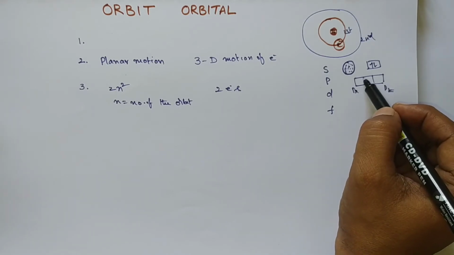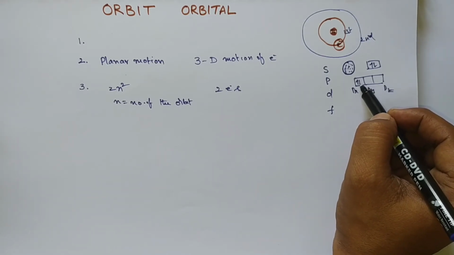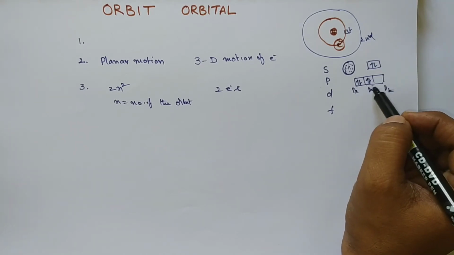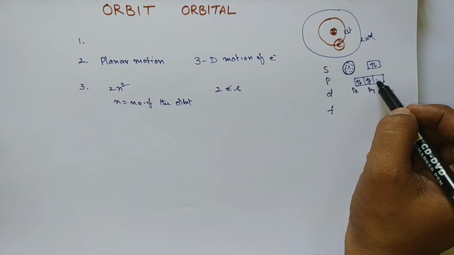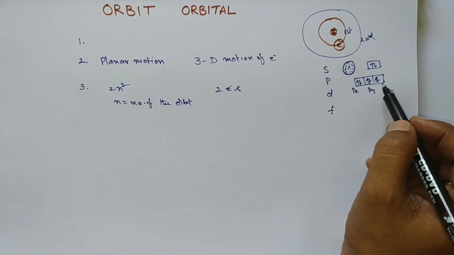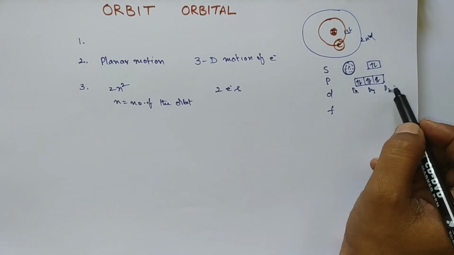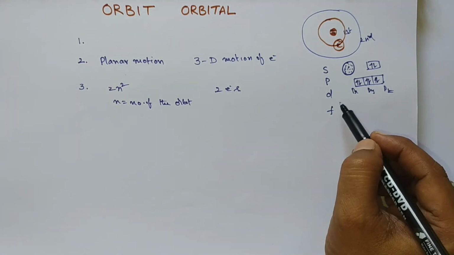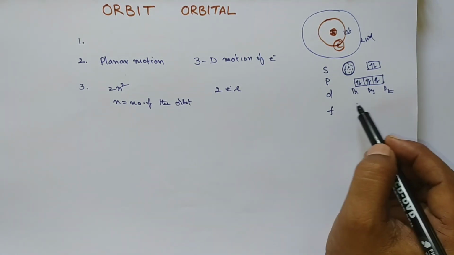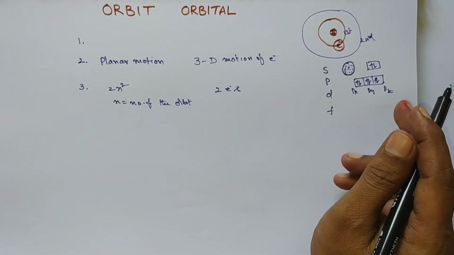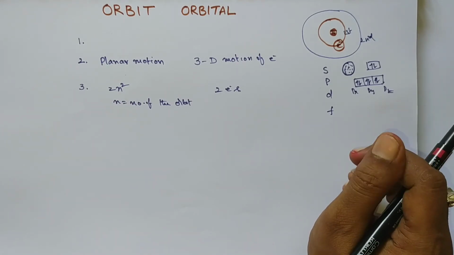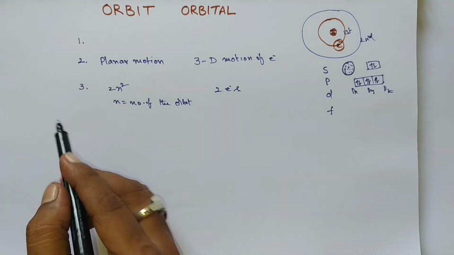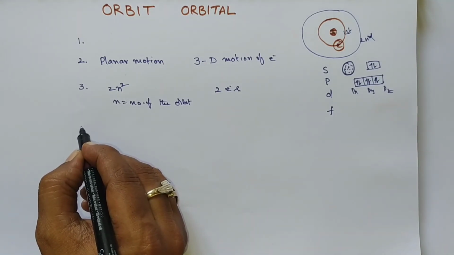In case of px orbital there are only 2 electrons. In case of py orbital also it can accommodate only 2 electrons. In case of pz also it can accommodate only 2 electrons. Like this the orbital can accommodate only 2 electrons. If you take d orbitals, there are 5 subshells like dxy, dyz, dzx, dx square minus y square and dz square.